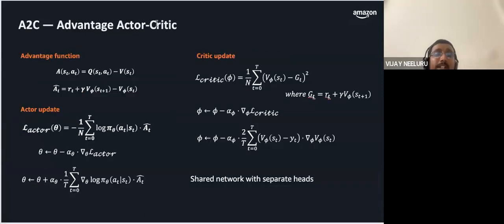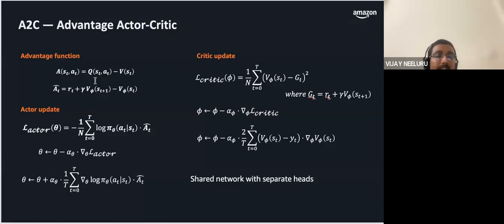The next is advantage actor critic. Advantage actor critic is a specific and popular implementation within the general actor-critic framework, where the actor learns the policy and the critic learns the value function. The advantage function stabilizes the learning by using the advantage function as the critic instead of the action value function.